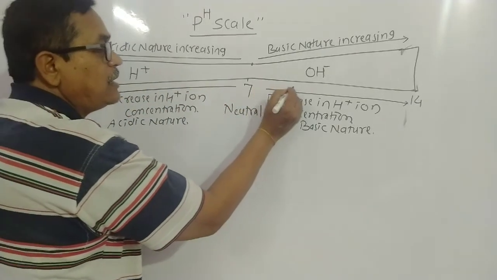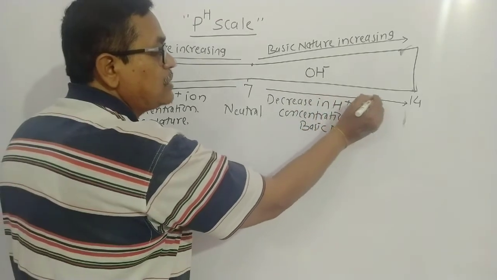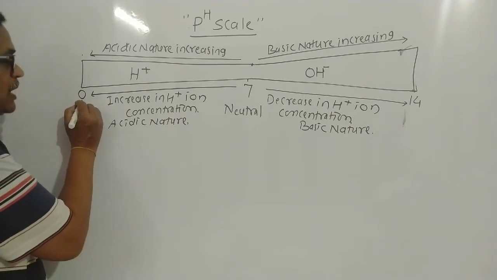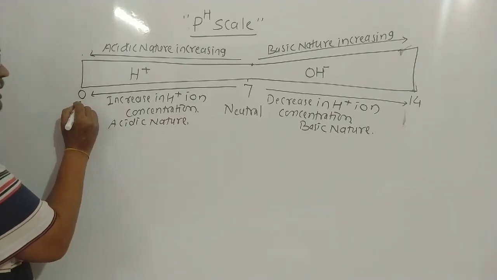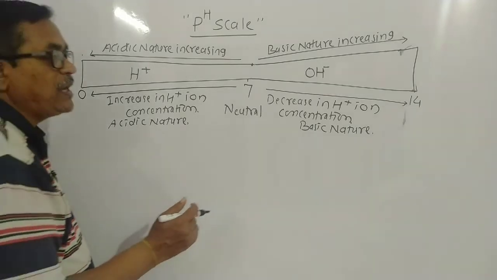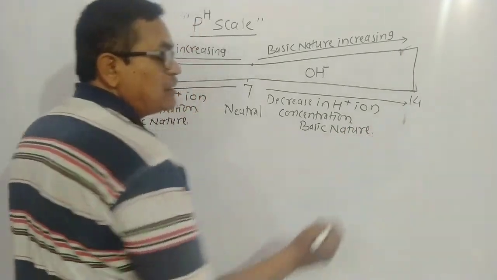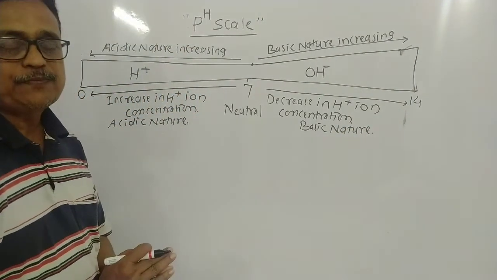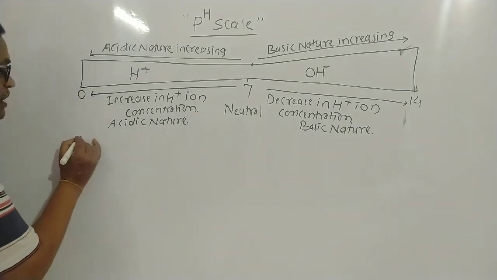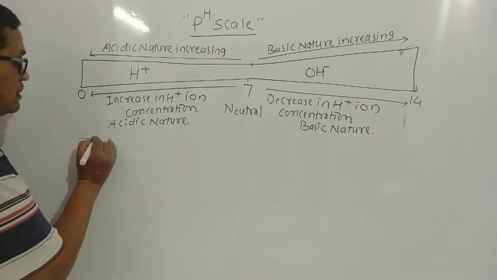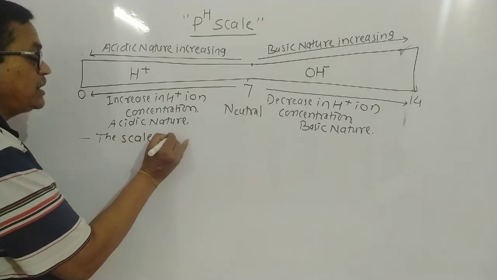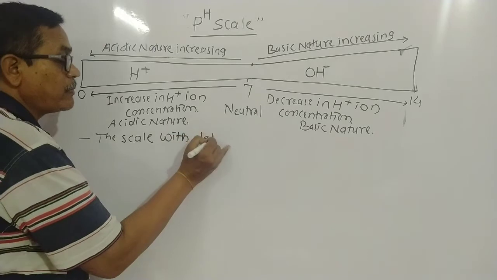Dear student, what is the definition of the pH scale? The scale which determines the hydrogen ion concentration of a solution is called the pH scale.